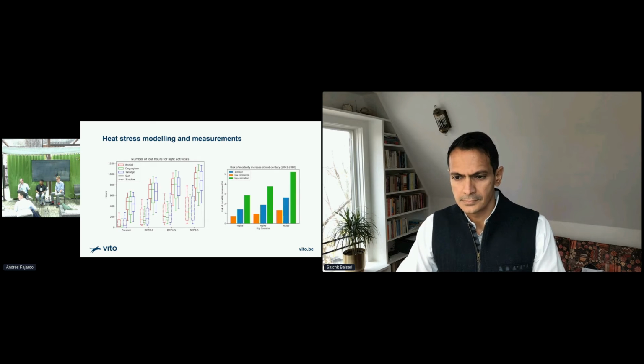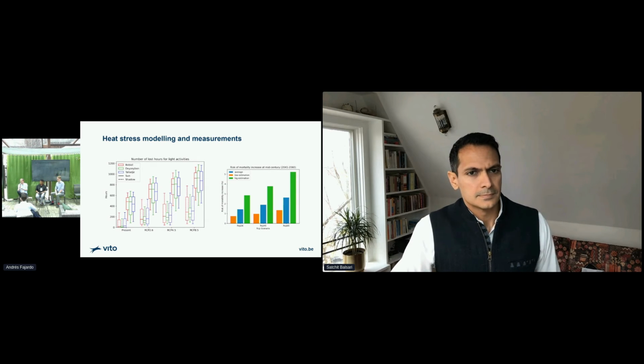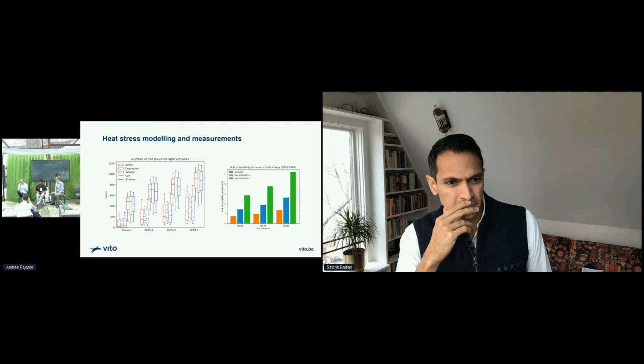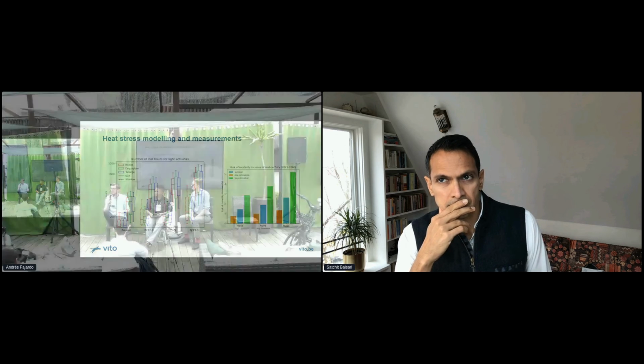A simple thing is painting your roof white instead of black. That is something very simple that can be done, and sometimes civil engineers or building companies don't do it or don't know that this can have a serious effect on people. That is something that needs to improve towards the future.